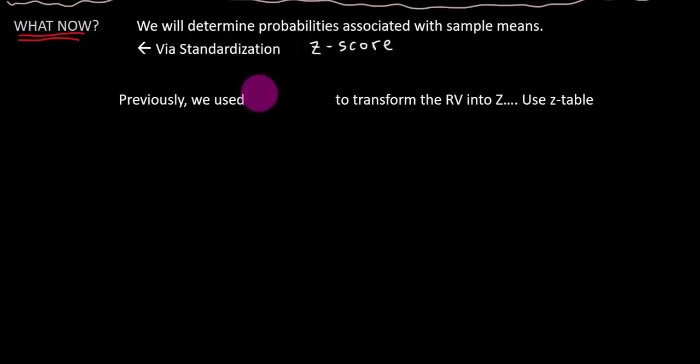So previously we used the z-score of x minus mu over sigma, and this allows us to transform the variable x into z. And this is usually applied to individuals, right? Like, what's the probability that an individual is greater than 6 inches?